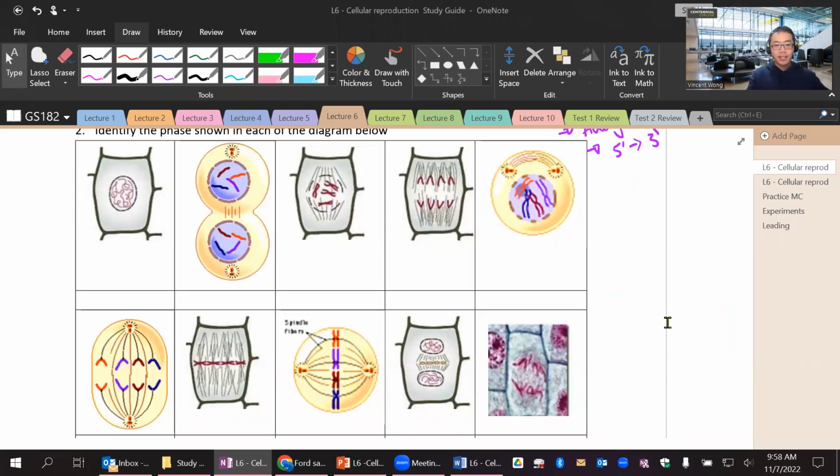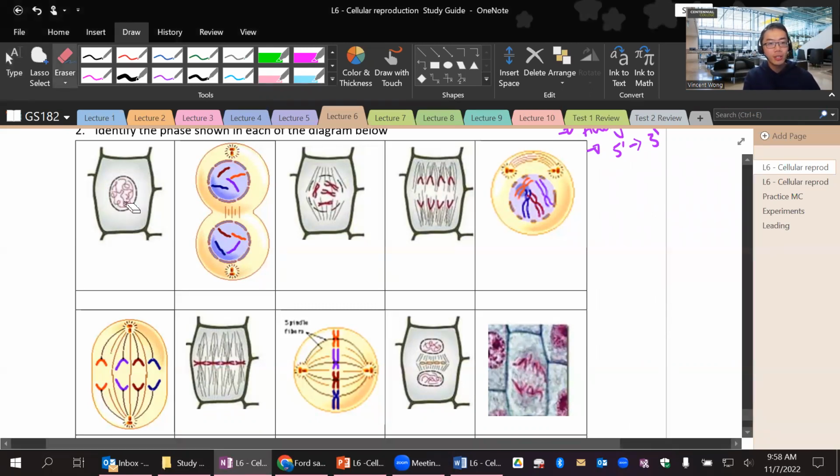All right, let's take them up. Okay, over here, we can still see the nucleus, and we can't really make out the chromosomes. It's still in the chromatin state, right? So over here, we would say this is the prophase. Early prophase.